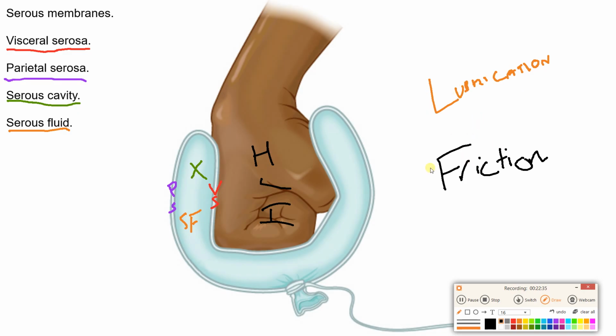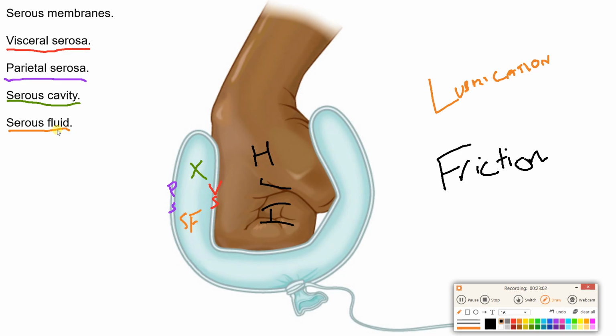All right, fantastic. So this is our basic setup here. So remember, organ punching into the balloon, two layers of balloon around the organ, inner one, visceral serosa, outer one, parietal serosa. Balloon's cavity is the serous cavity, and in there is this lubricating fluid called serous fluid.